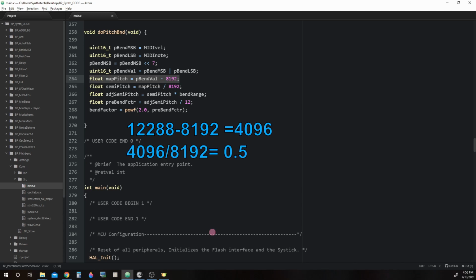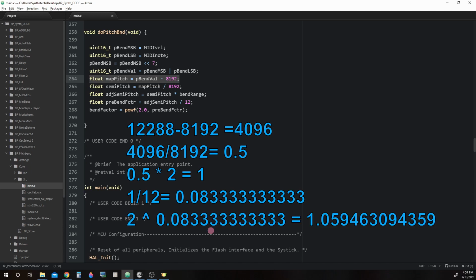Then we take 4,096 and divide it by 8192, and it equals 0.5. 0.5 times 2, which is our bend range, equals 1. 1 divided by 12 equals 0.083333333333. Then 2 to the power of 0.083333333333 equals 1.059463094359.